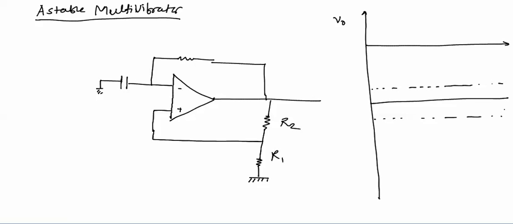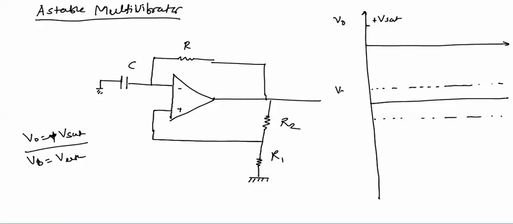Now we will see the operation of this astable multivibrator with the help of these diagrams. Initially we assume that output V0 equal to plus Vsat. If output V0 is equal to plus Vsat, then VB equal to VUTH.